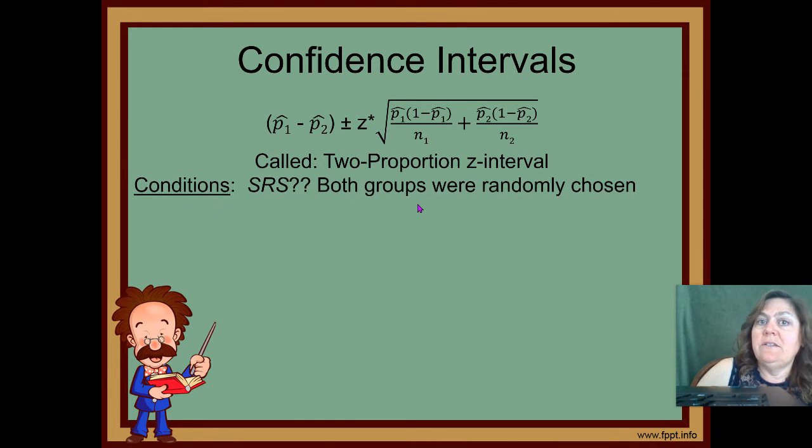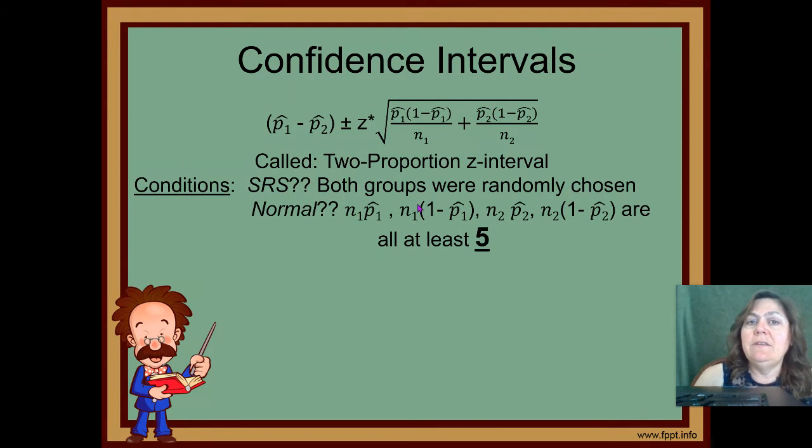You still check conditions, but remember you're checking for both to be random. Here's the slight change. You're going to use n1 p-hat 1 and n1 times 1 minus p-hat 1, and then you go to n2, and so on. It's written there. And it will be okay to assume it's approximately normal, as long as all these values are at least 5.